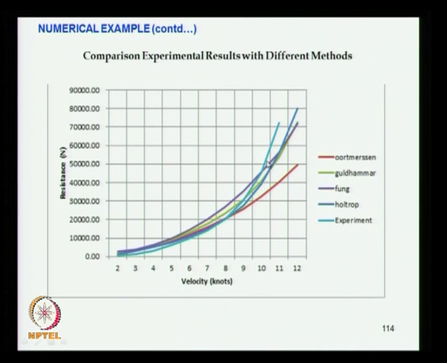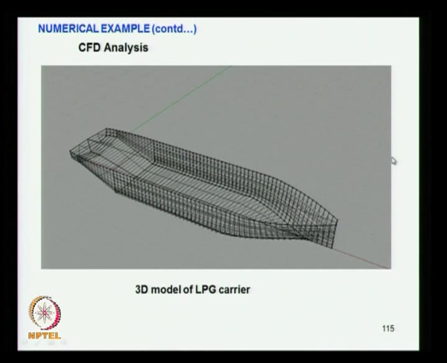This is the survey speed, you can see there is a variation, and for some methods you can see the experiment is getting closer, to the Goldhammer method at the survey speed, it is very close. That is the sort of prediction we have got from the different analyses using the regression expressions and also using the experiment.